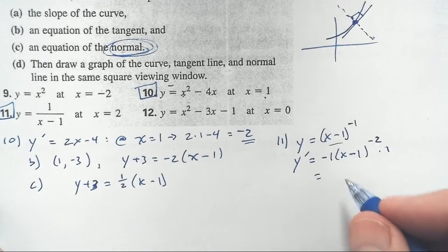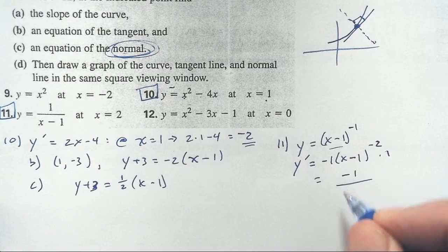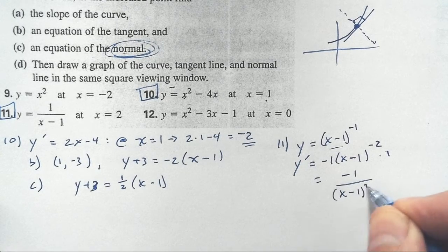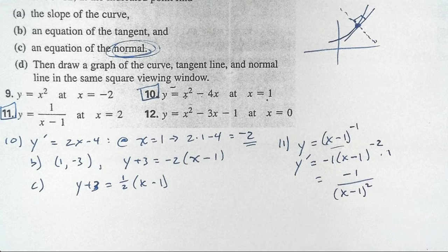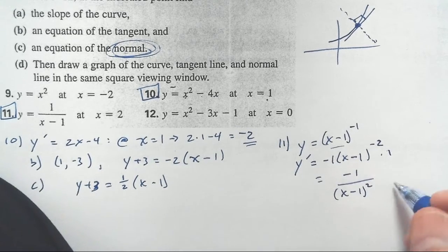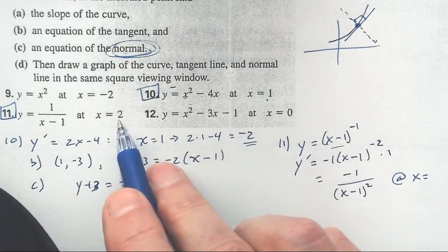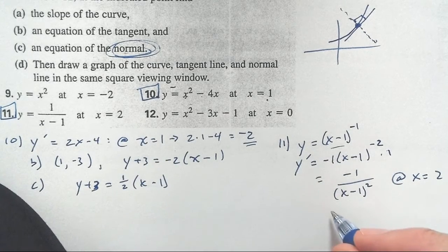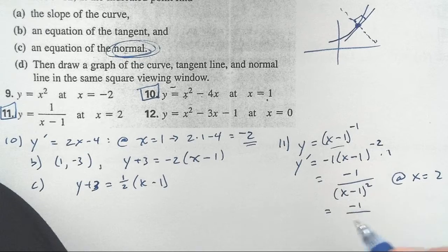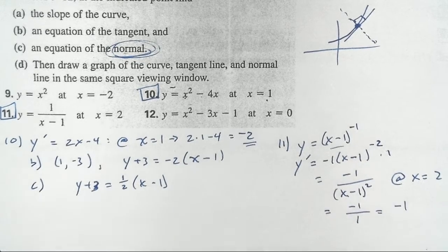So we get, first derivative is negative 1 over x minus 1 squared, exactly what we would get if we quotient ruled that. So I want to know what the slope is at x equals 2. We put 2 in, and we get negative 1 over 2 minus 1, 1 squared, 1, we get negative 1.